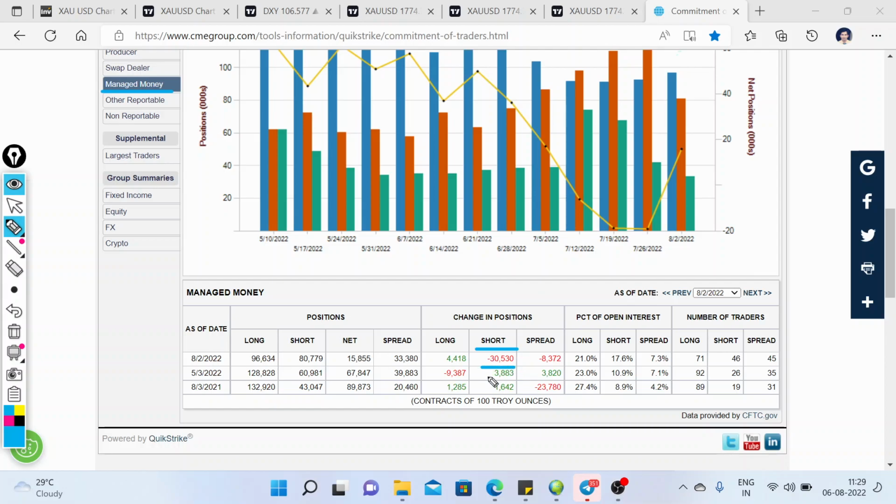You can see they have pulled money from their short contracts. That means they are covering their short positions, and they pulled the money from the short contracts and are adding money in the long contracts. So the data from the COT shows this for managed money, but also the chart that I showed in the previous video.